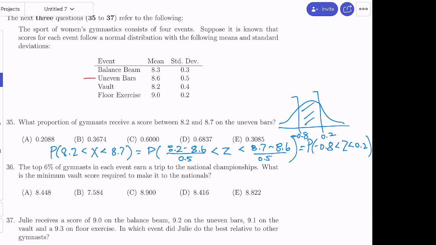Did you look it up? If you look up on the Z table or you use Excel... Nobody's there to get it for me.